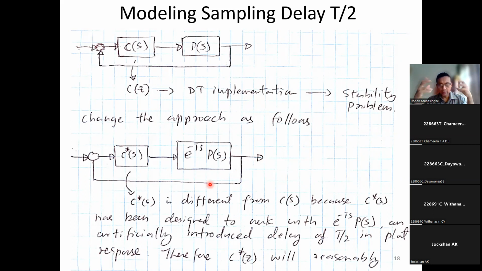You want to simulate the plant and see for yourself if the discrete version is also performing in a reasonable manner. And for that, you need to change your controller and discretize it. And also you have to change your plant into its discrete model. And if you zero-order hold, you put that block in here, and then get that one. And you can go ahead and design your discrete controller.